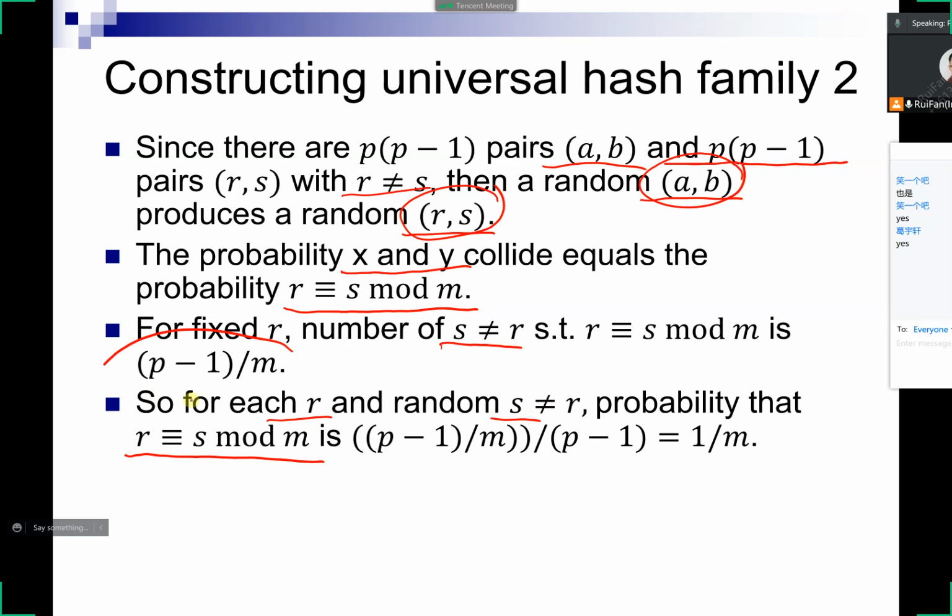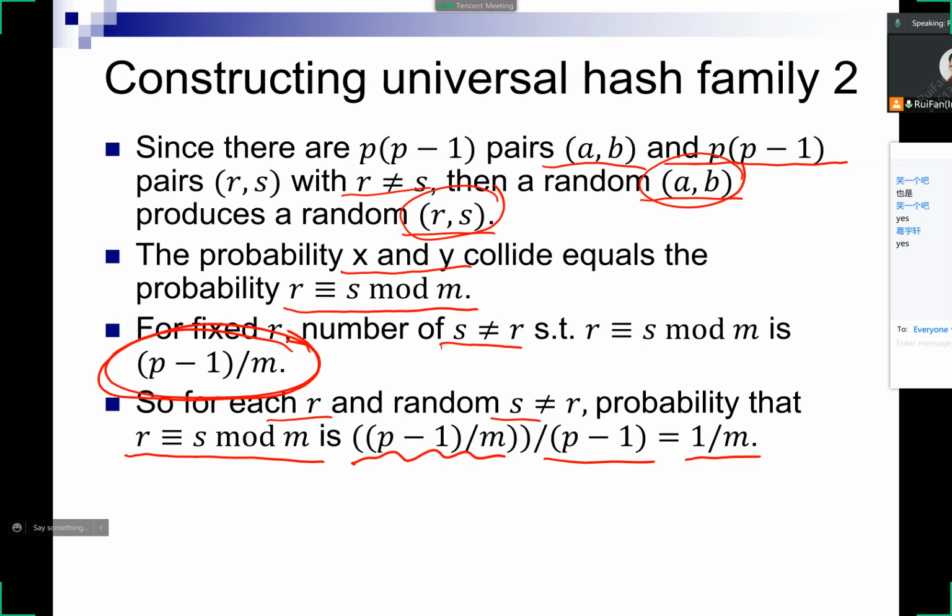Well, there are only P minus 1 divided by M S values which are congruent to R. If you pick a random S which is different from R, you have P minus 1 choices for S, and only P minus 1 divided by M of them are congruent modulo M. So if you pick a random S value, the probability that R and S are congruent is going to be 1 divided by M. It's the number of values which are congruent to R divided by the number of possible values for S.